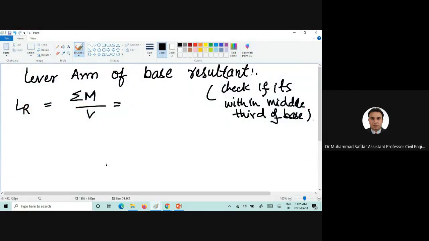Now we need to find out the lever arm of the base resultant. Now we need to check if it's within the middle third of the base. For example, if this is the base, and as we know, this is 1 meter.